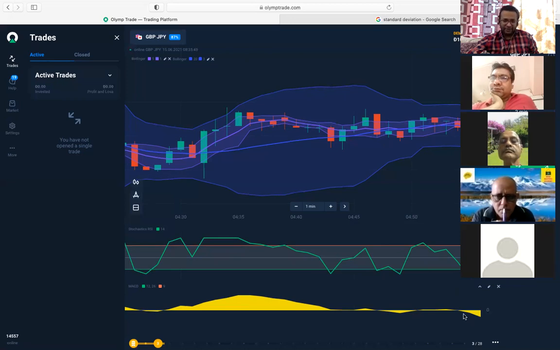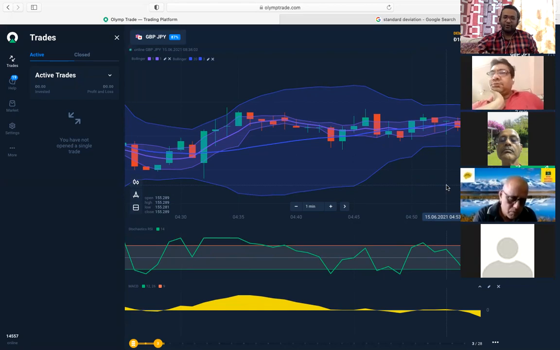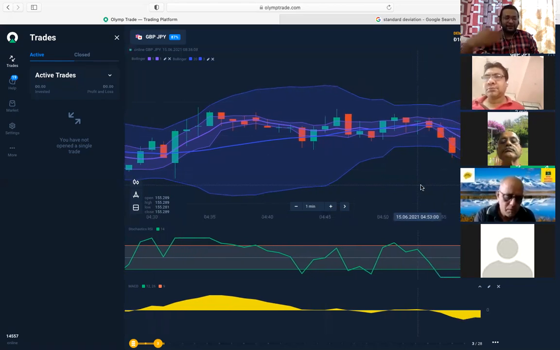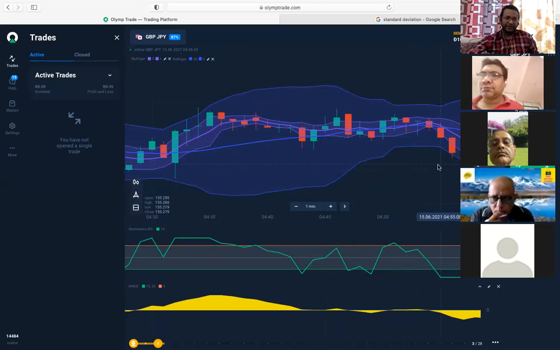Then MACD is also showing sellers are in full force here. But because that standard deviation 3 is existing, you will know it has gone too close to standard deviation 3. That means it cannot last there. It cannot go beyond standard deviation 3. So I will not take this trade because I know that it is going to come back. And that's what it does in the next minute, right? So the standard deviation 3 line saves us here from a losing trade.